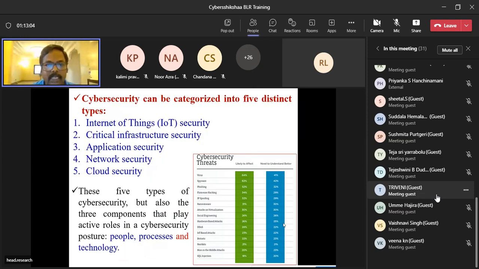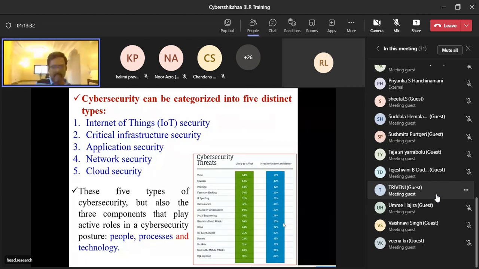Cyber security can be categorized into five distinct types. One is Internet of Things, which is a collection of real-time objects at the network level. Critical infrastructure security, that means the data centers we are using. Application security is nothing but how you are providing security at the application level.